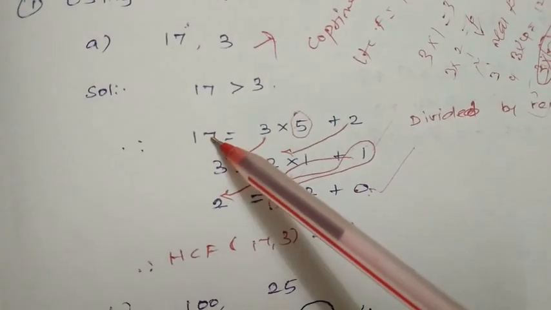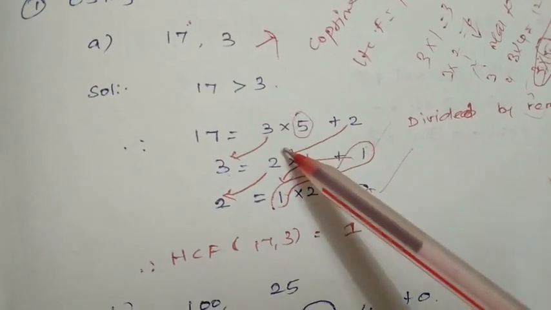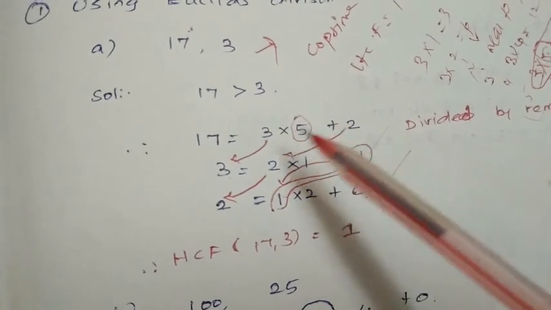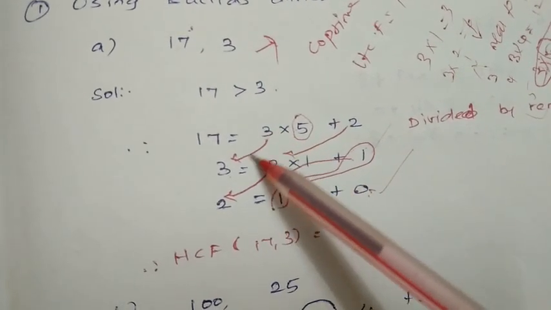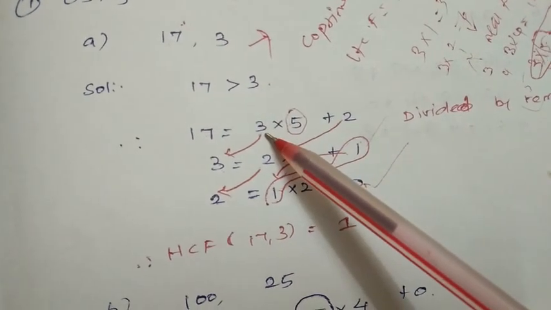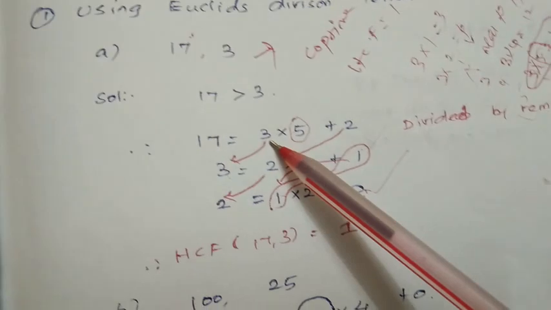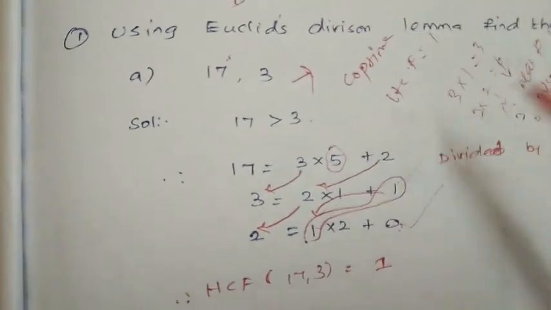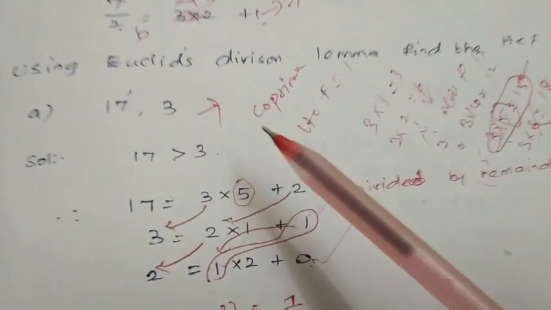So once again, 17 equals 3 into 5, so 15, remainder 2. Now just write this number here, don't change this order. This should be first. If you write 5 into 3 plus 2, it is confusing, so don't write like that.